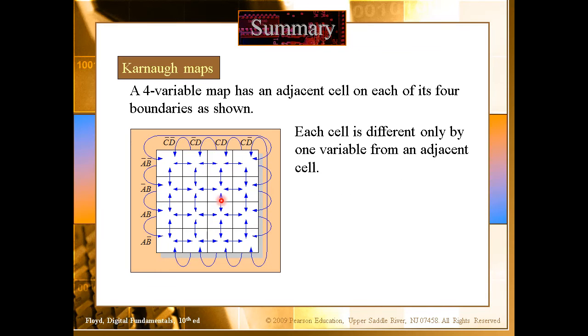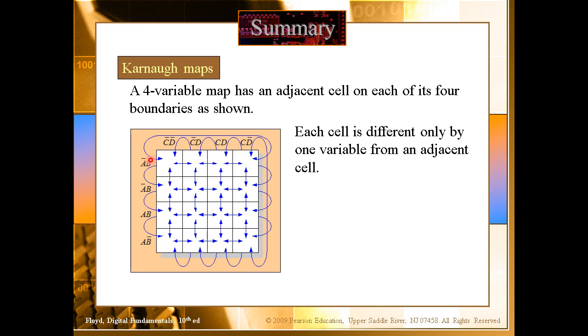But before I move on to the next examples, if you have 4 variables, how does your table look? You will have two variables along this line, just like AB, and the other two variables along this line, which will be CD, in the same order. Remember how we wrote AB: 0 0, 0 1, 1 1 and then 1 0.